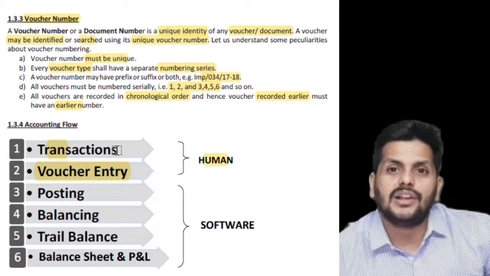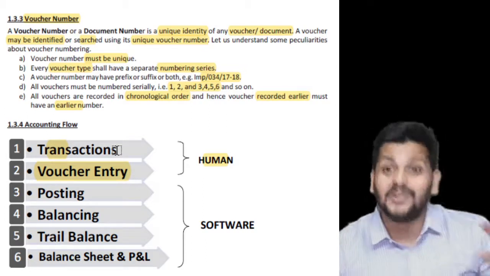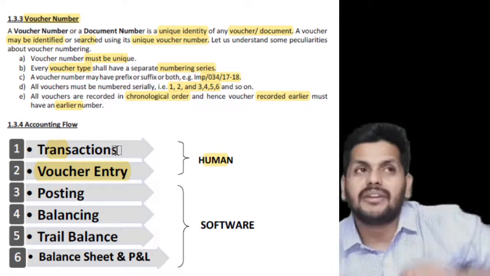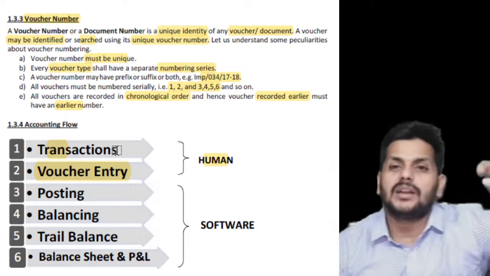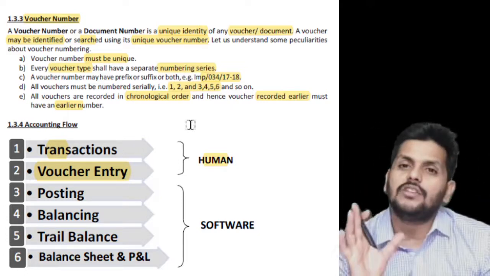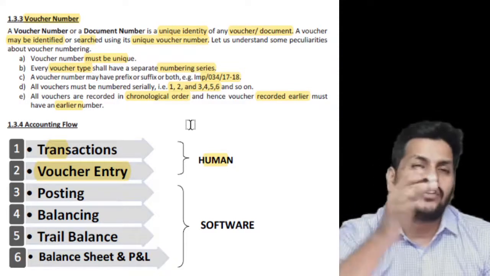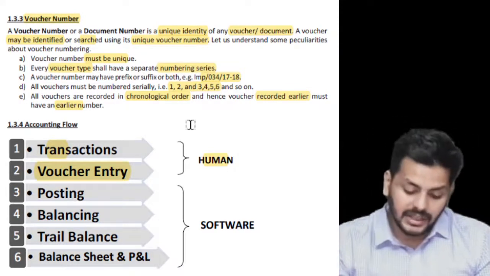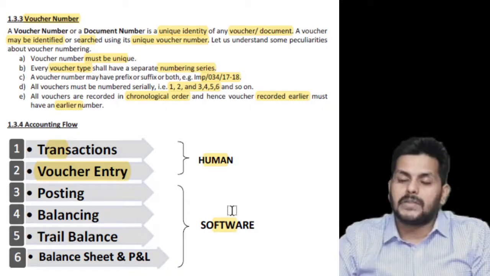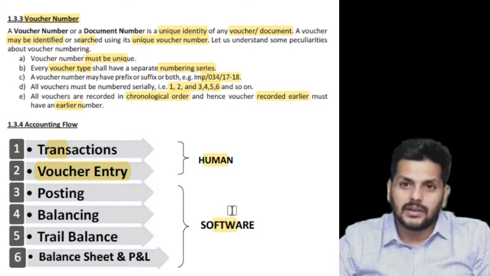Today I'm not here to discuss what the accounting flow is. In my subject, it's relevant to identify which part of this entire flow the system can do and which part a human being has to initiate. So a human being has to initiate the occurrence of a transaction and its entry. From there on, everything can be taken as per the flow in the software. Got it? Are you guys clear on this one?